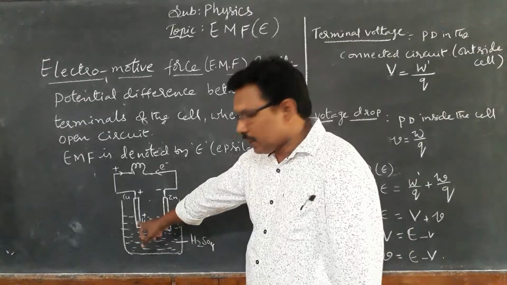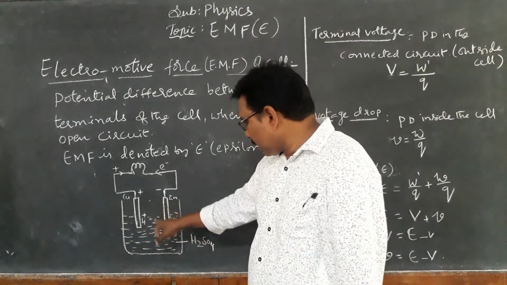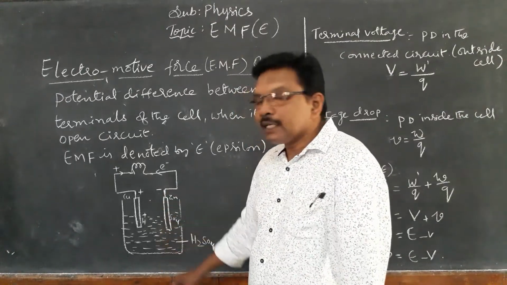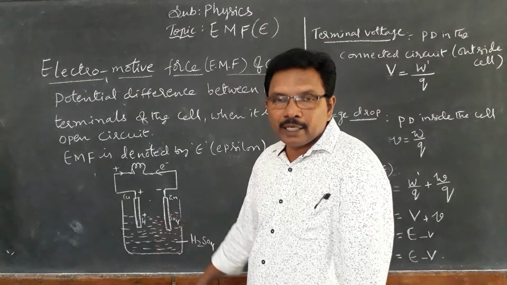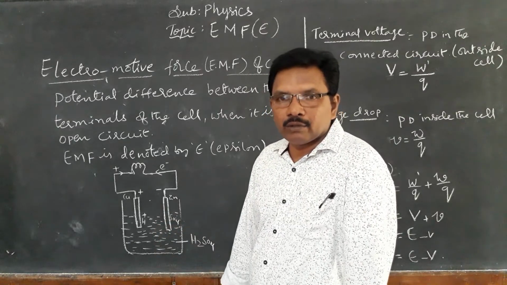Positive ions accumulate on copper and negative SO4 ions accumulate on the zinc plate. Then this zinc plate gains negative charge, so it is called the cathode.